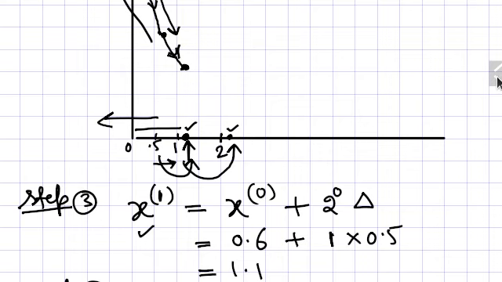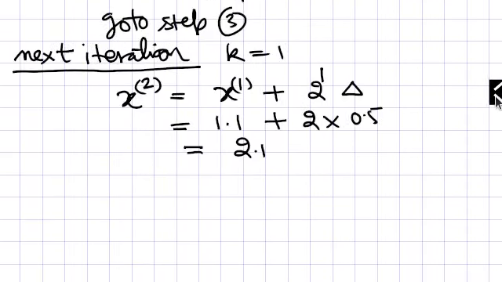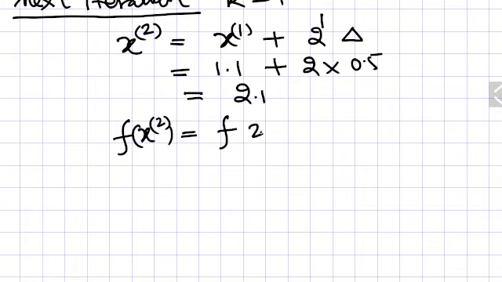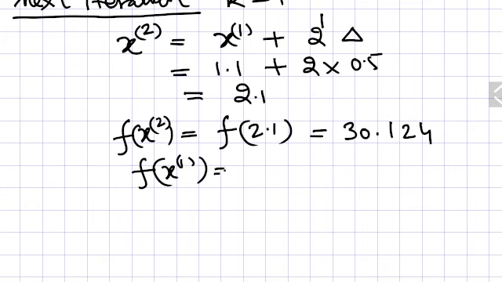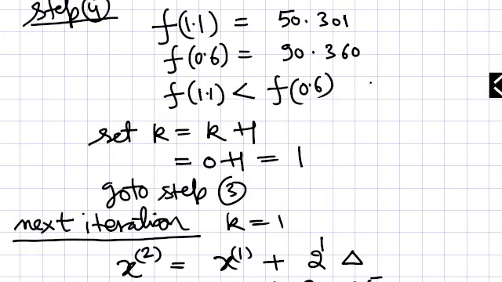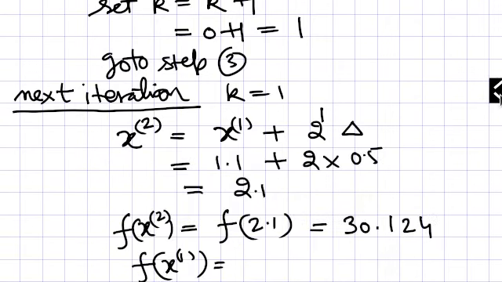This is the thing that we are doing up to now. So again calculate values at both the points. If you calculate it at 2.1, you put this value in the function, you will get 30.124, and the value of f at this x1 point was 50.306.